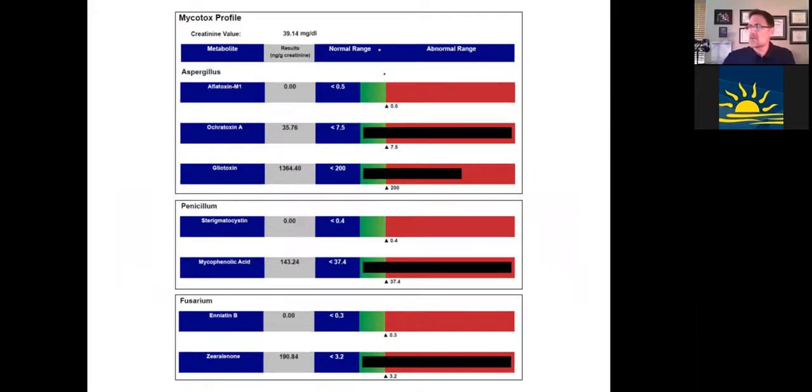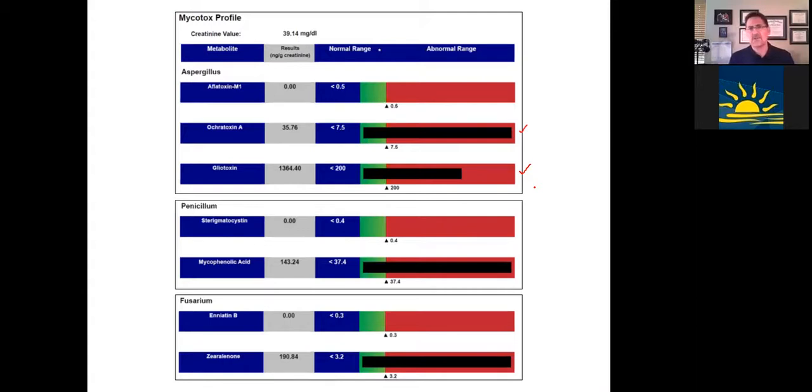You'll notice that this person had 3 of the 4 Aspergillus markers elevated on page 1 of the OAT, and we have 2 of the 3 mycotoxins of Aspergillus on the mycotox test. Ochratoxin being most common. We also have high levels of gliotoxins. So we not only have Aspergillus mold colonizing within the digestive tract, but we've got mycotoxins being produced from Aspergillus mold that are accumulating in the body.